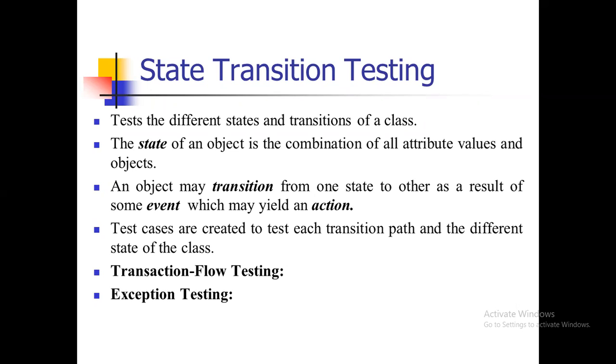We have seen the state transition diagram, where we have some states and some transitions; we perform some event, and based on that event we perform some actions. The transition means moving from one state to another state. So here test cases are created to test each transition path and the different states of the class.